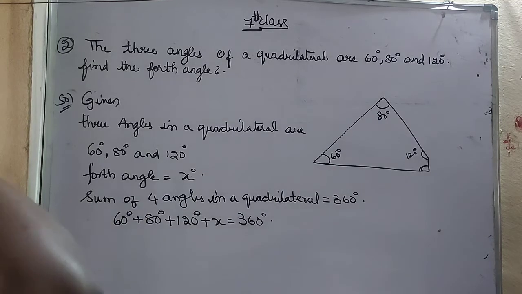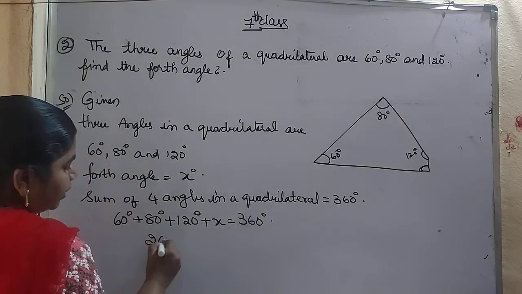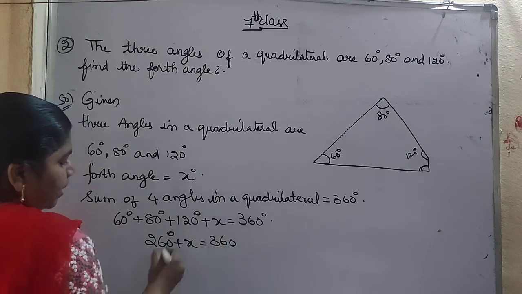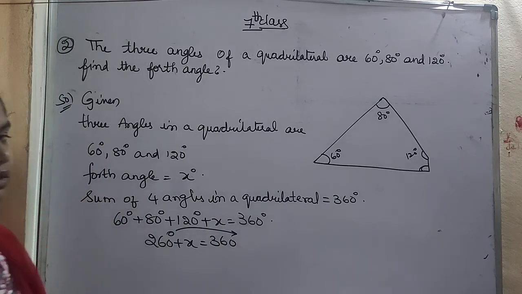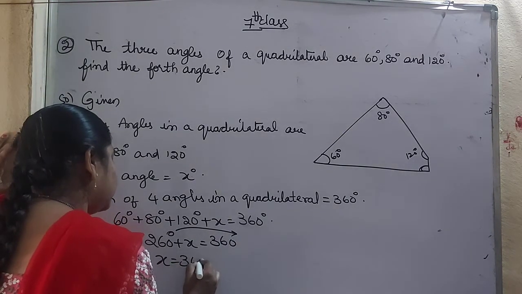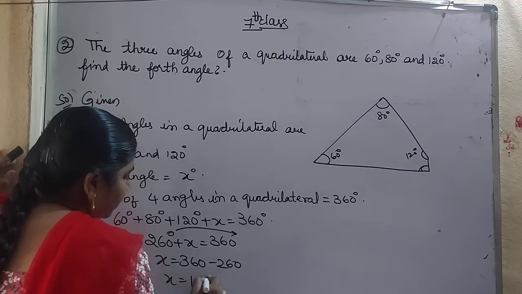So here 120 plus 80 will be 200, 200 plus 60 will be 260 degrees, plus x will be equal to 360. I am transposing this 260 to the other side, that will become subtraction. So x will be equal to 360 minus 260. x will be equal to 100 degrees.